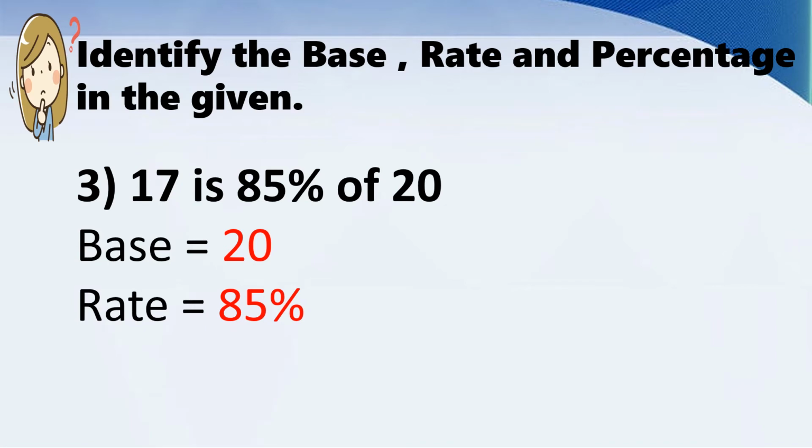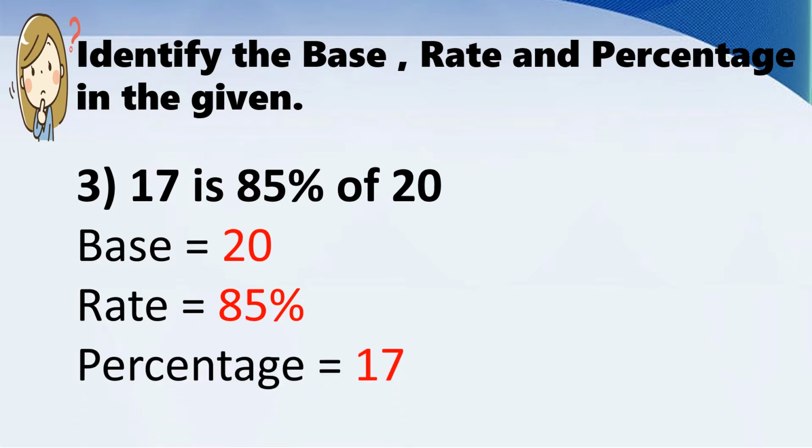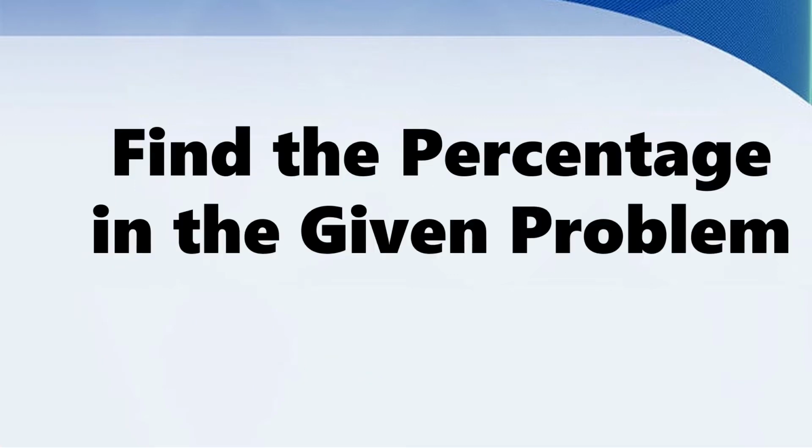And if you answered 17 as percentage in the given, you are right. Very good. With the outstanding performance you did, I guess we are now ready to learn our lesson. Our lesson is find the percentage in the given problem.